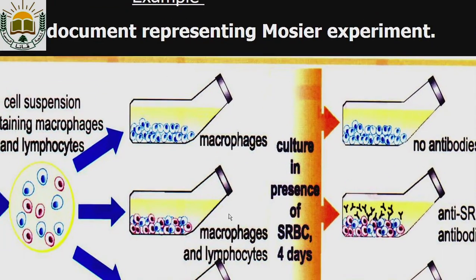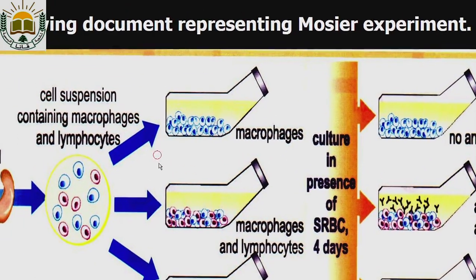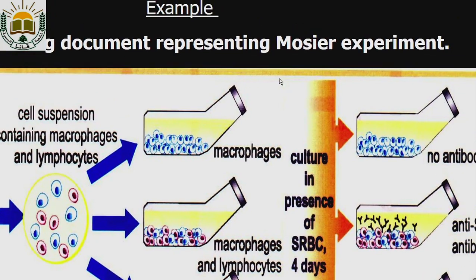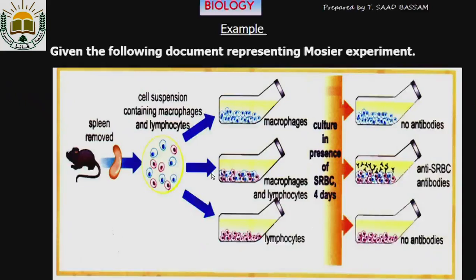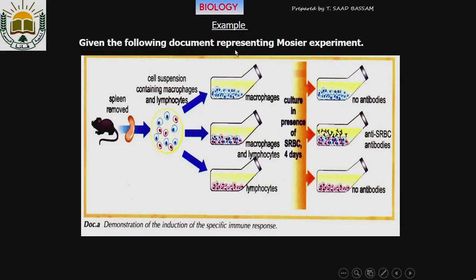This document represents an experiment realized by Mr. Mosier. So, given the following document representing Mosier experiment, this is our document. And what is our question? Look, 1, describe this experiment.